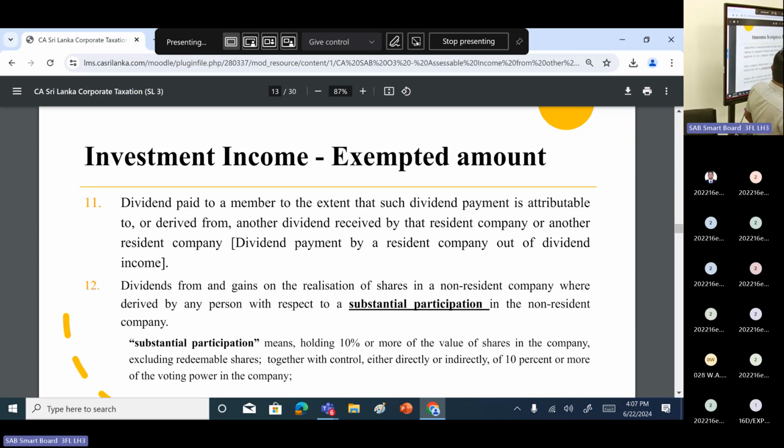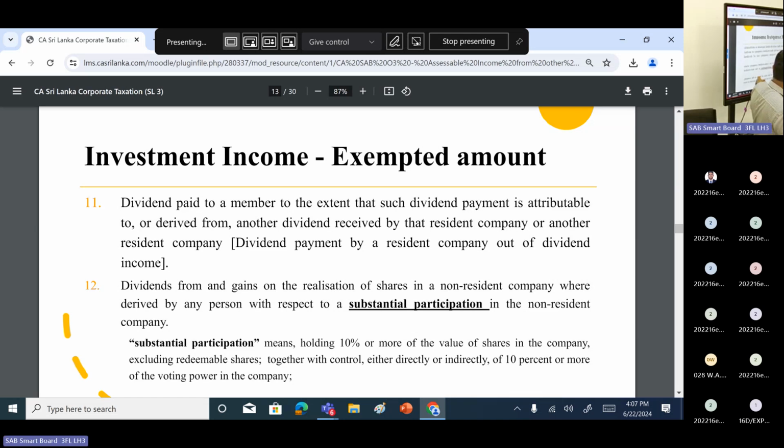Dividend from and gain on the realization of shares in a non-resident company. They are derived by any person with respect to a substantial portion in the non-resident company. That is given to the resident person who is making an investment in a non-resident company, or a company outside Sri Lanka. So, dividend received or the gains from the realization of shares, right?